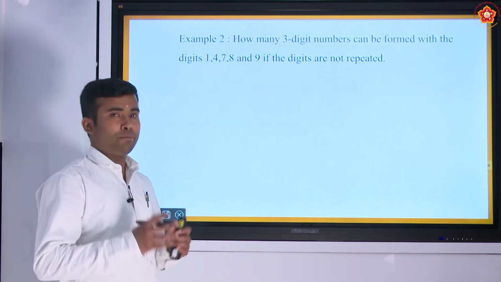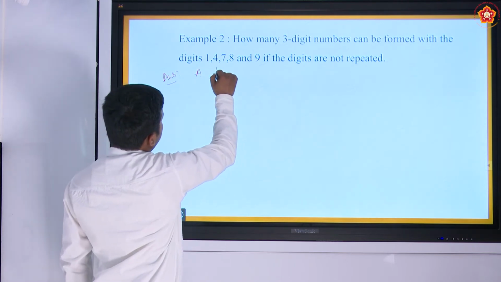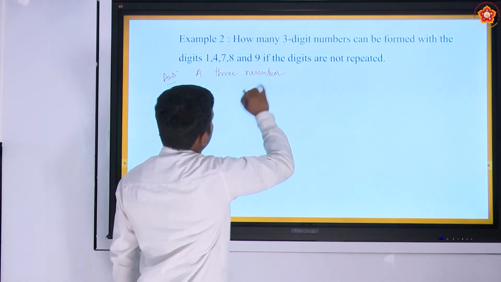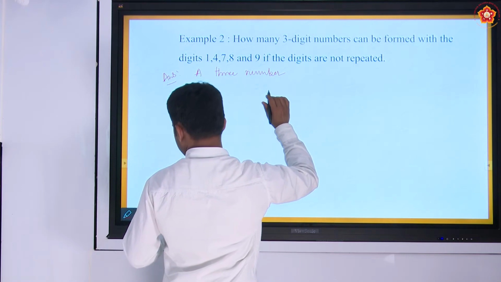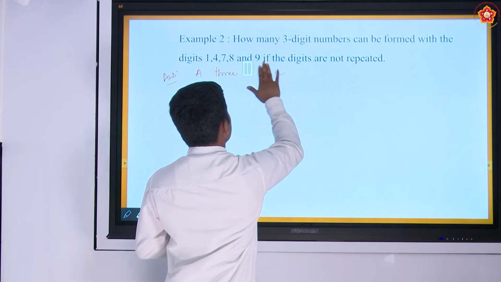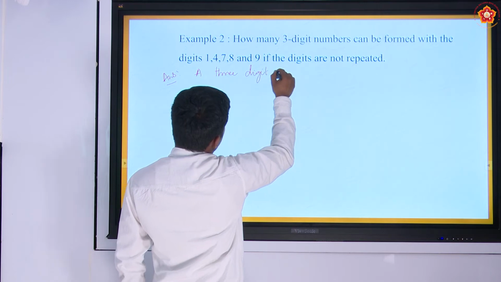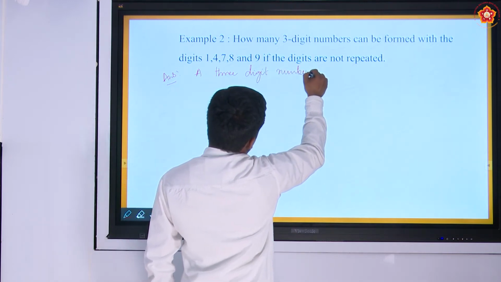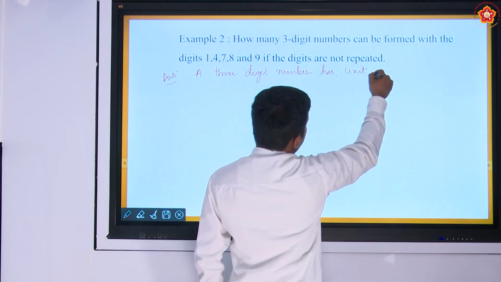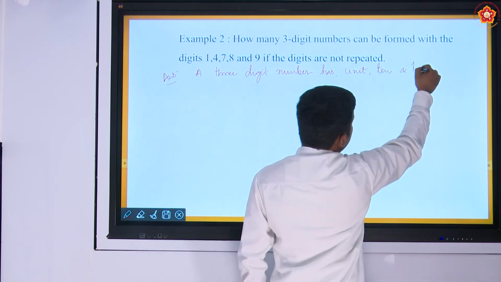Here, a 3-digit number has unit, 10 and 100 places.